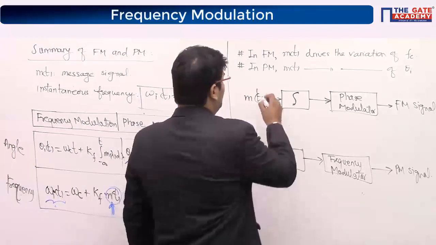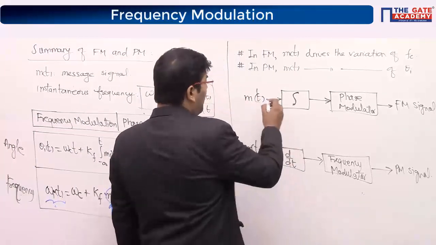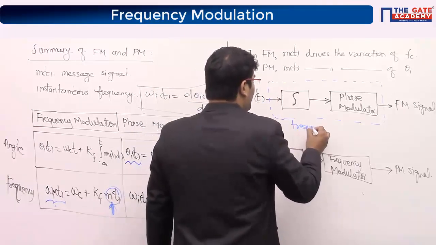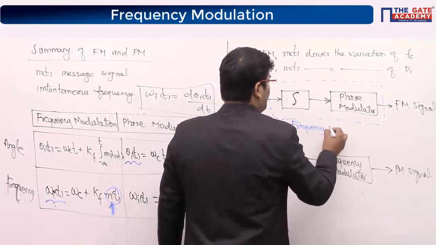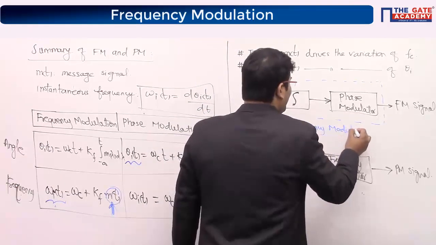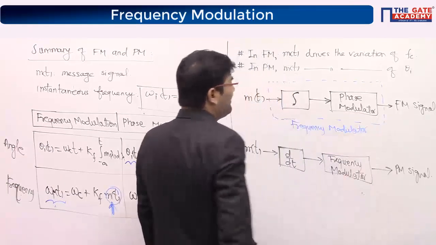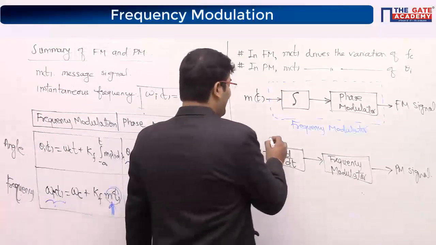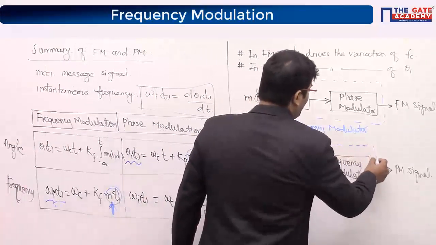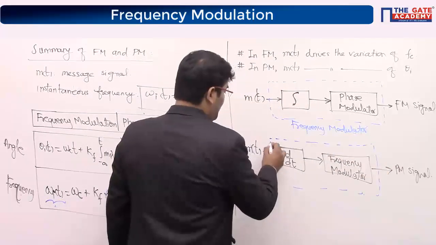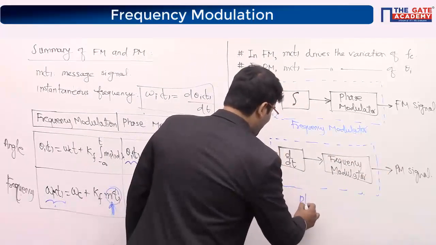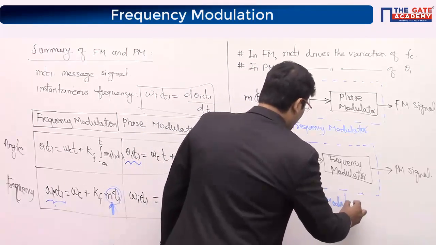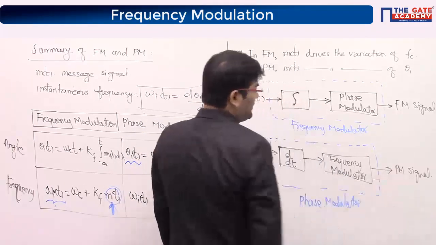If I put this in a box, I would call it a frequency modulator. Look at the beauty: you are having a phase modulator inside, but overall it is a frequency modulator. And similarly, I would call this a phase modulator, because the end outcome is phase.